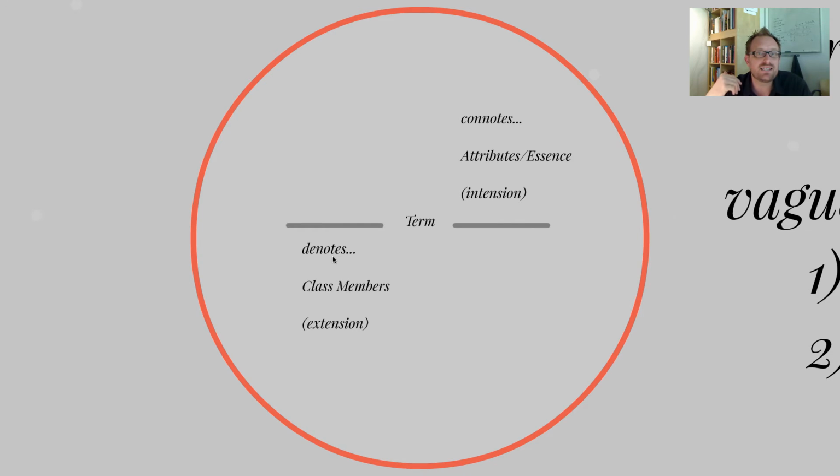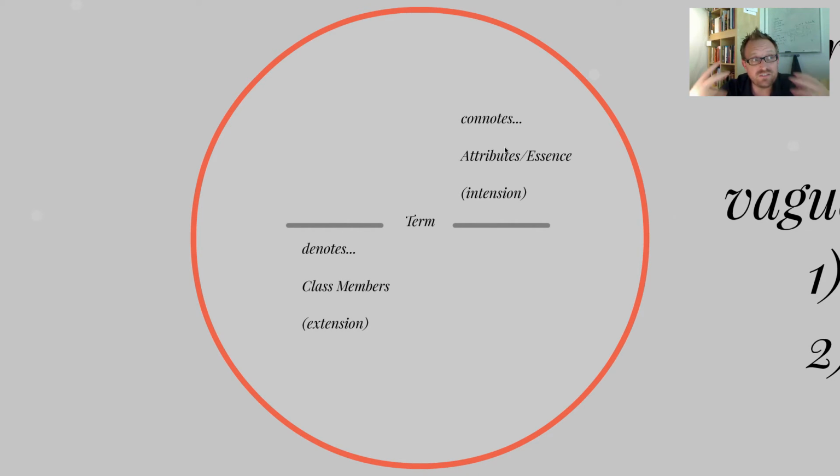So for instance, if I say the Queen of England, well, the connotation of that term, remember, a term doesn't have to be one word. It could be a phrase. A term refers to some sort of category.